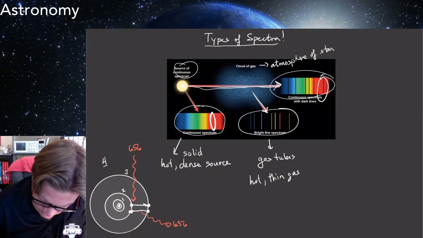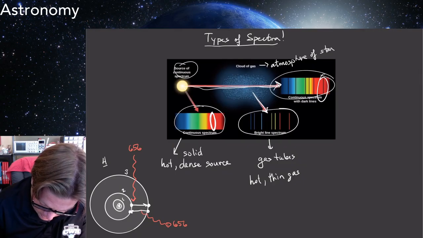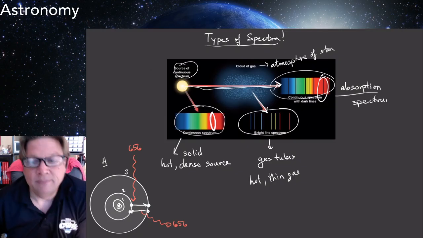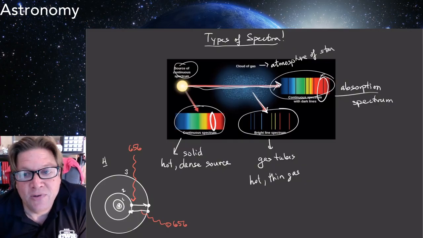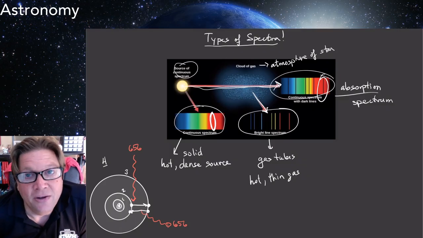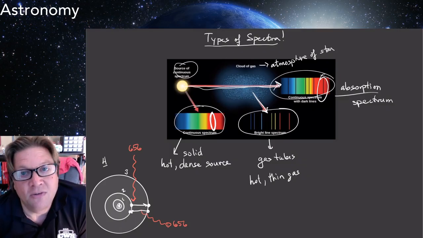So this is called an absorption spectrum. We will definitely see examples of this because it turns out this is what we see for basically all stars. We see absorption spectra.